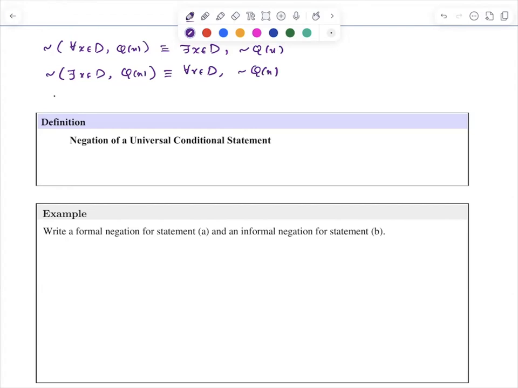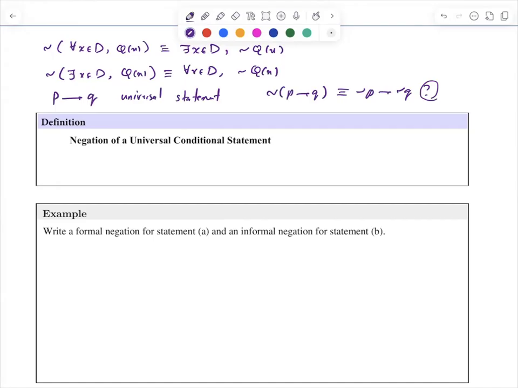We say that, hey, P then Q is a universal statement. So how do we find the negation of the implication? Is the negation of P then Q going to be just not P then not Q?